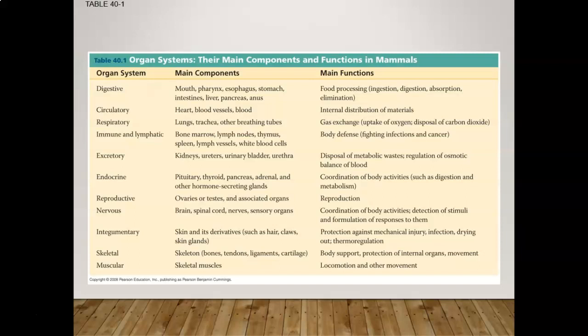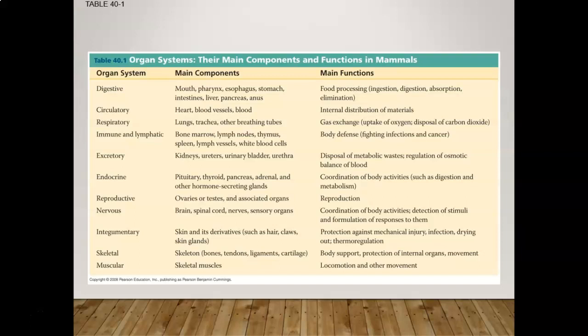So the systems that we're going to briefly talk about are the digestive system, which is for food processing, the circulatory system, which is internal distribution of materials, respiratory, which is responsible for gas exchange, immune and lymphatic, which is body defense, excretory, which is disposal of metabolic wastes, endocrine, which is the coordination of body activities, reproductive, which focuses on reproduction, the nervous system, which coordinates body activities, integumentary system, which is protection.